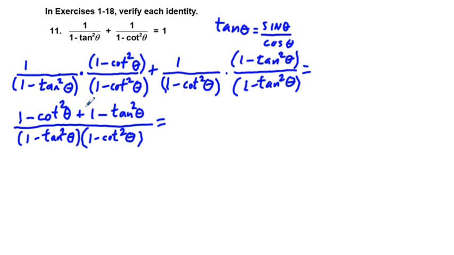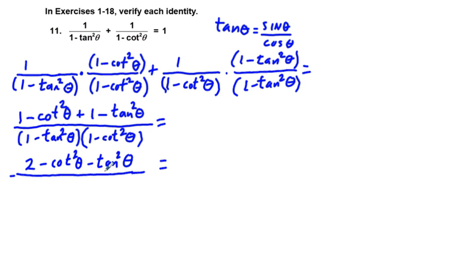Now, in the numerator here, we have these like terms of numbers. So 1 plus 1 is 2. So we're going to have 2 minus cotangent squared theta minus tangent squared theta. And in the denominator we're going to multiply everything out here. We expand by multiplying out. So we have 1 times 1, which is 1.